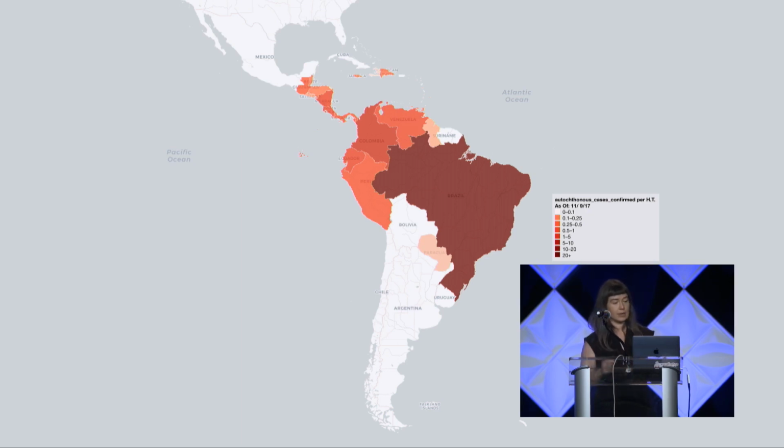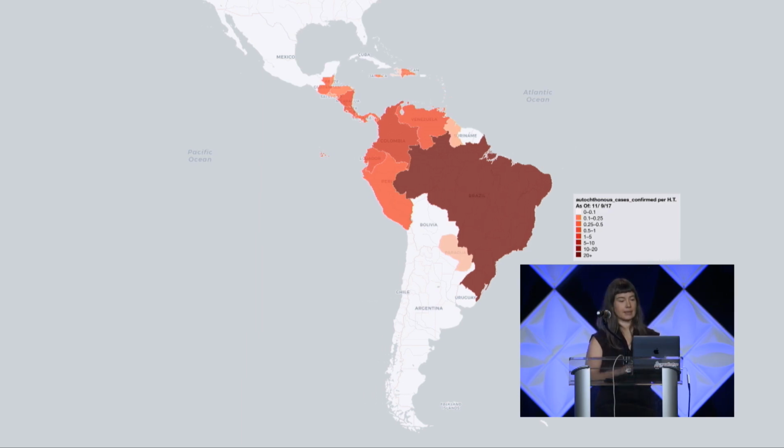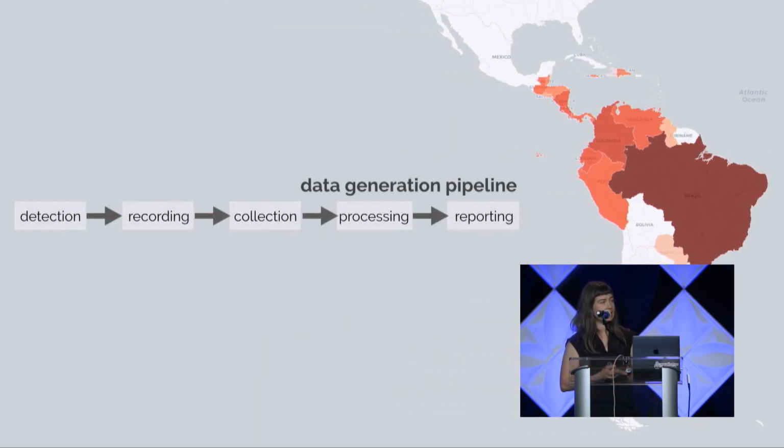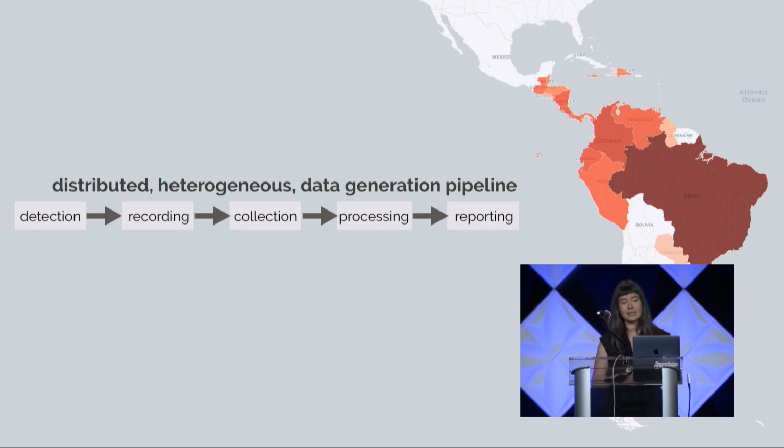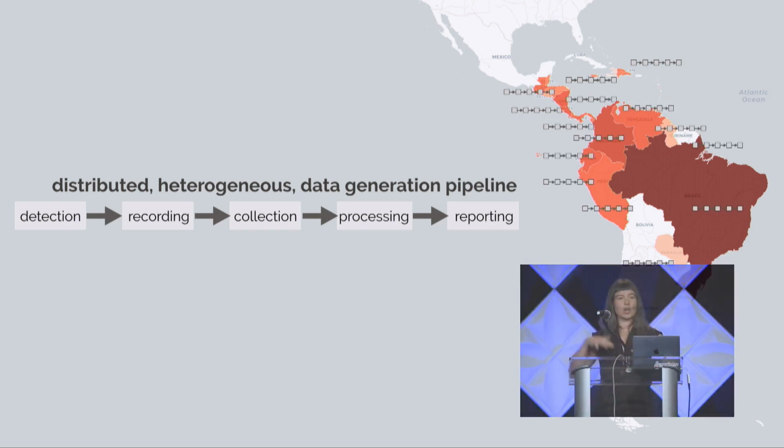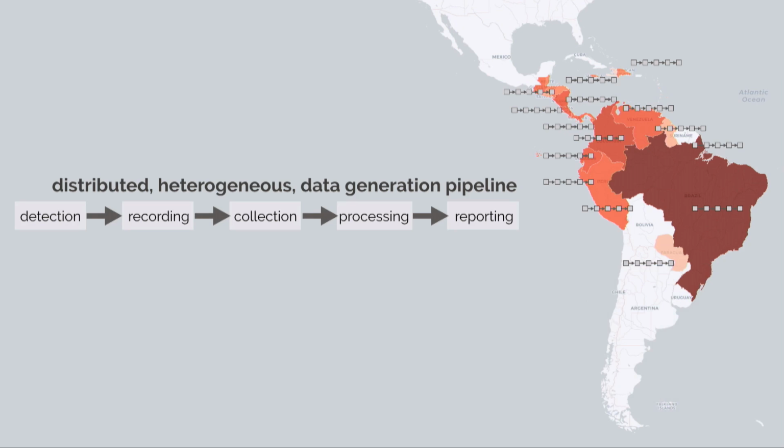So we pivoted to focus on this problem and found that the data was littered with discrepancies like this. And in the case of Zika data, this came from the way that the data was collected and processed and reported. And it was this distributed heterogeneous data generation pipeline that occurred differently in every country that led to all these discrepancies.